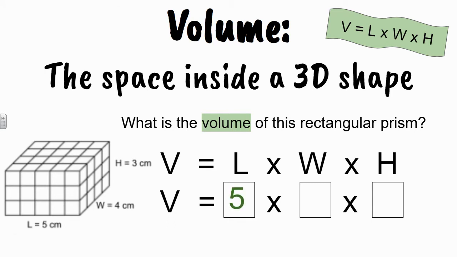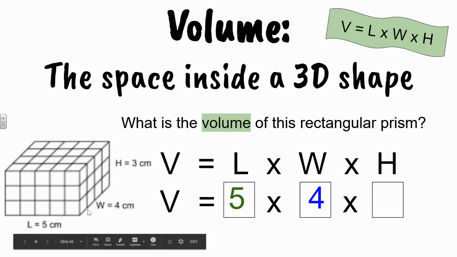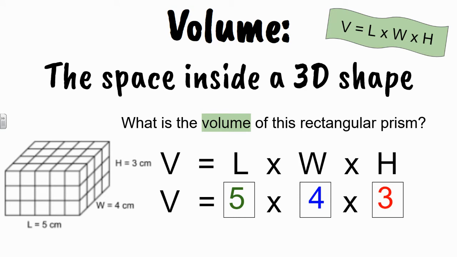The width, it tells me, again, is 4 centimeters. So I'm gathering that ingredient, that dimension. And now the height, and I like to think about the height as how high it is or how many layers it has. You can see the height is very clearly 1 centimeter, 2 centimeters, 3 centimeters. So I've gathered my ingredients and now I simply need to know what to do with them. Well, this recipe tells me that I'm going to multiply all of them together.